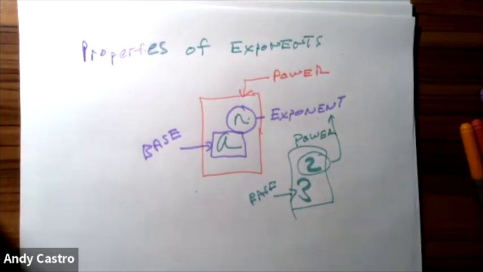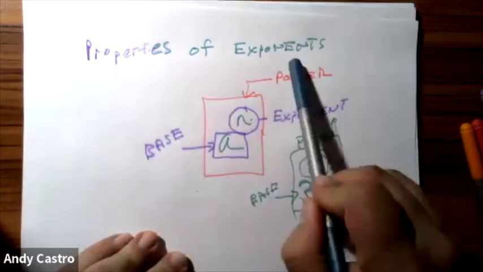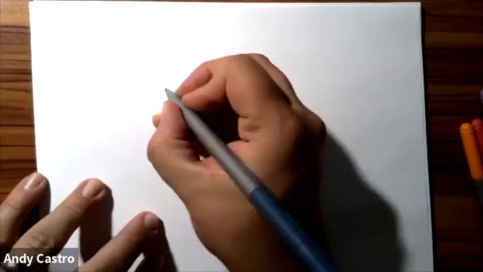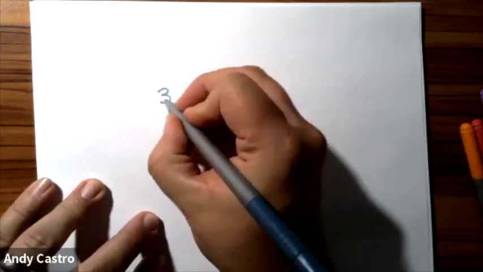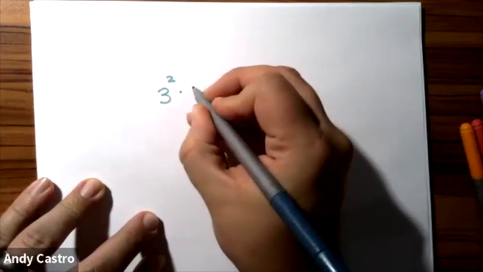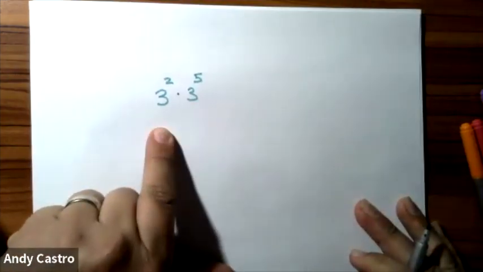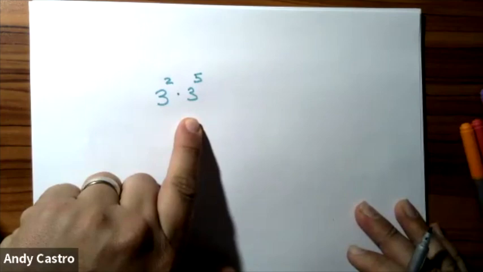Now we're going to get into what the properties of exponents are. I'm going to show you a practical example first, then I'm going to show you the general rule. Let's look at 3 squared times 3 to the 5th power.